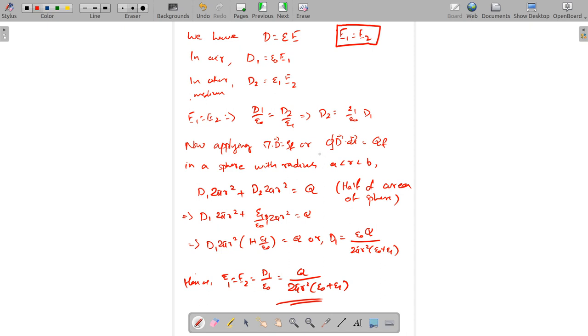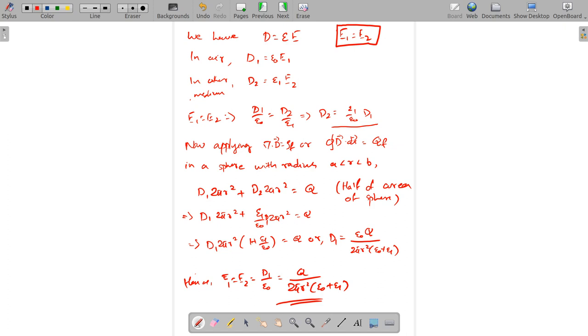Now apply E1 equals E2. That gives D1 by epsilon 0 equals D2 by epsilon 1. That means D2 equals epsilon 1 divided by epsilon 0 times D1. You get the relation between D2 and D1. They are not the same. There is a discontinuity in the dielectric displacement as you go from medium 1 to medium 2.